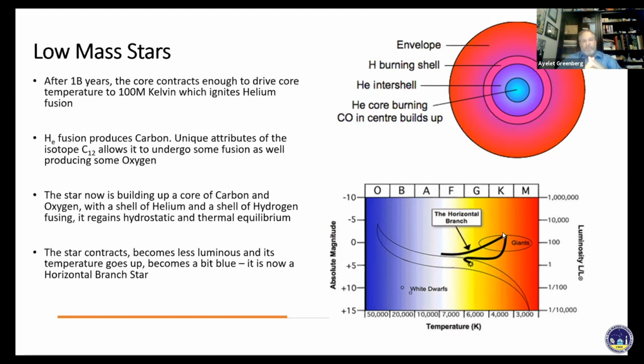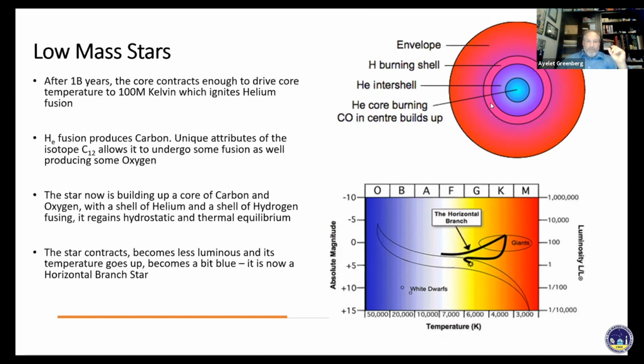There are some interesting properties about one of the isotopes of carbon called carbon-12, which, even though it's not hot enough, still allows it to fuse a little bit into oxygen. And so we're starting to build up a core that is made of carbon and oxygen, and that is inert. It's just sitting in the middle, and that is pushing out a shell of helium.